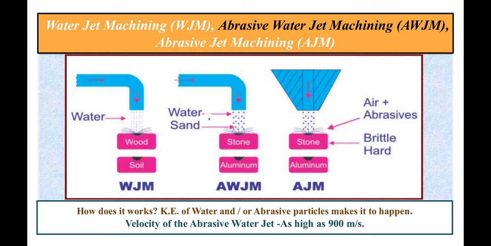Now there is a third process also. If you see here, here is a jet of air and abrasive particles coming out of the nozzle. Now when this jet comes and hits the stone or brittle hard material, you will find a crater has been formed over there.